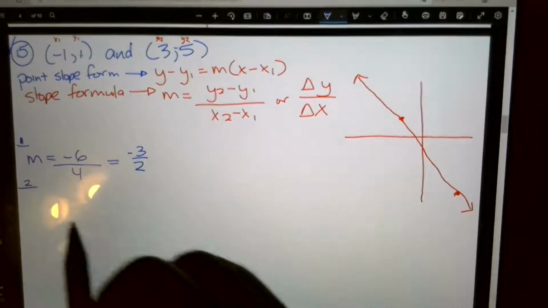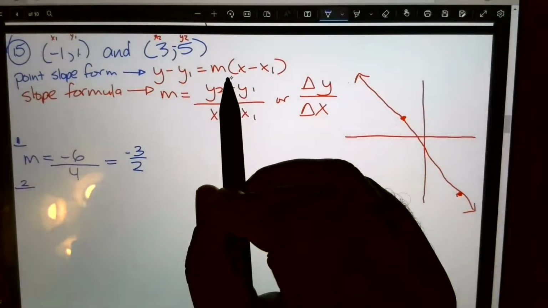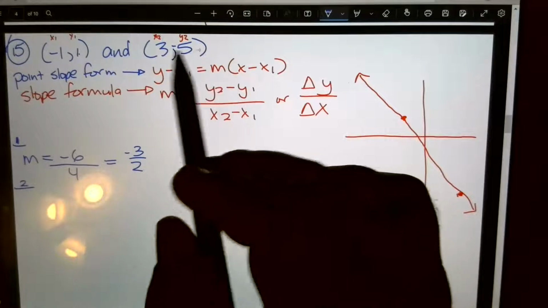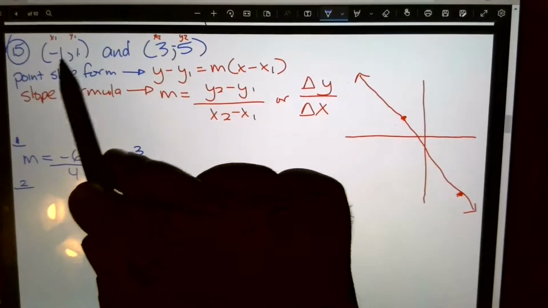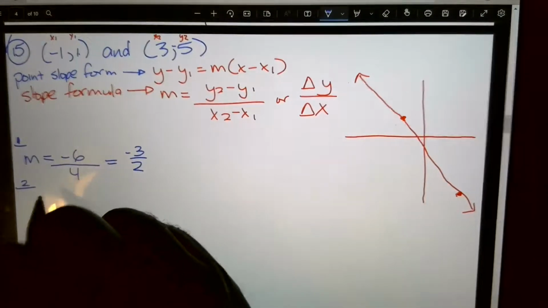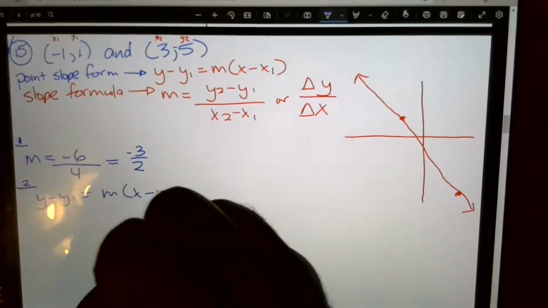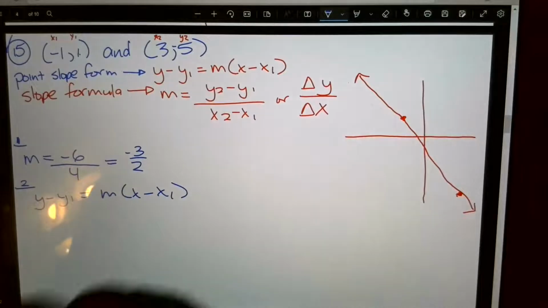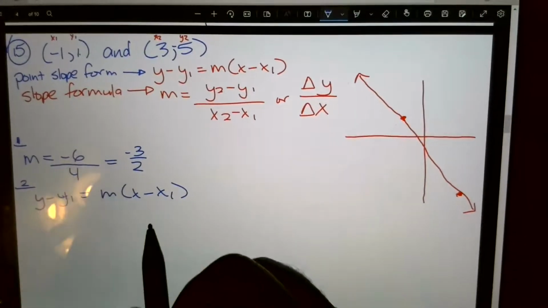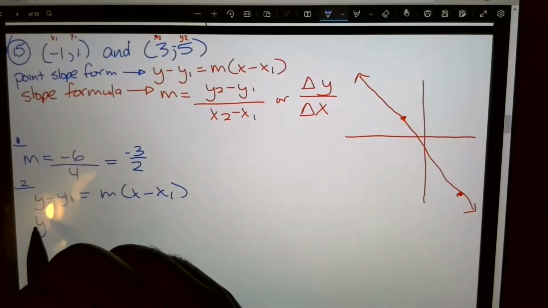Second step, I use my point-slope formula. I pick any point. I'm going to pick the first point because these numbers are smaller. Y minus y sub 1 is equal to m times x minus x sub 1. All of my m, x sub 1, y sub 1, you substitute in.